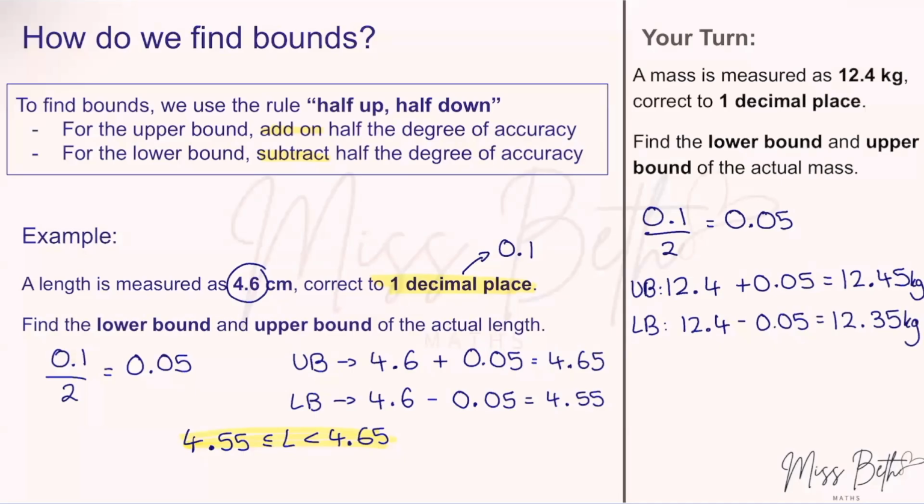To write this in an interval, what are we talking about here? Mass. So we would have mass is greater than or equal to 12.35, but less than 12.45. And again, that would be your interval if it asked for one. If it just asked for your upper and lower bound, both of these answers here would be fine.